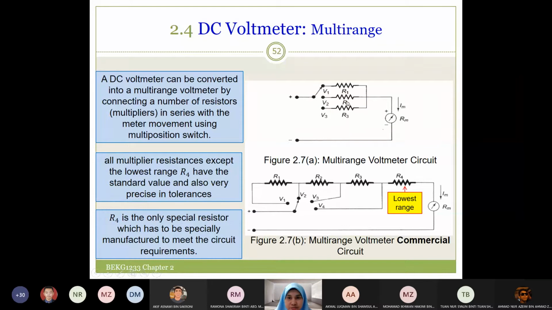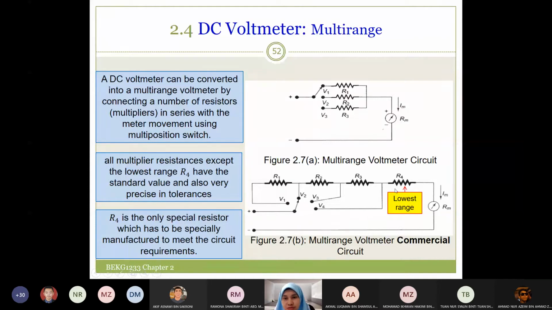Okay. What's the difference between figure A and figure B? The difference is R1, R2, R3 is RS. RS1, RS2, RS3.